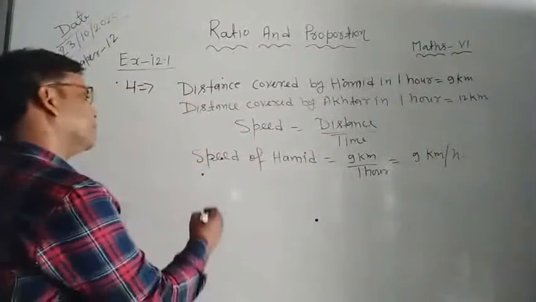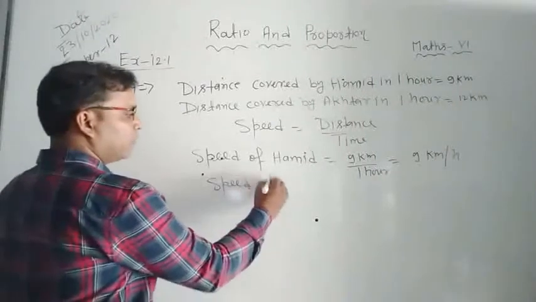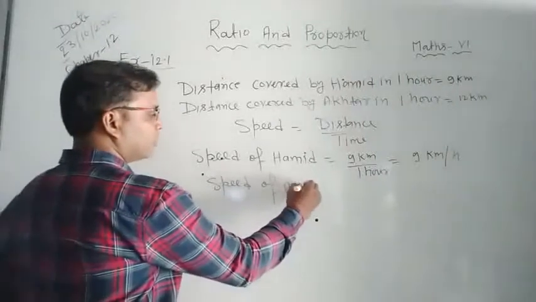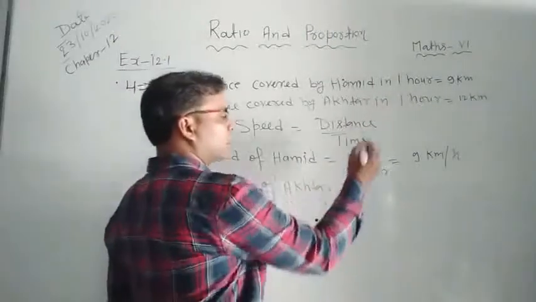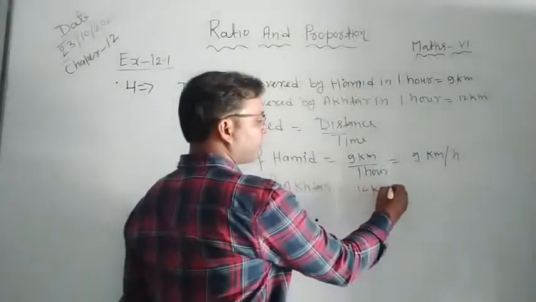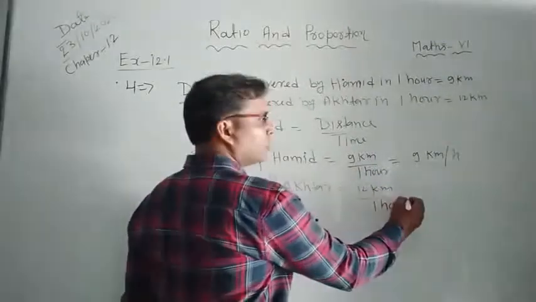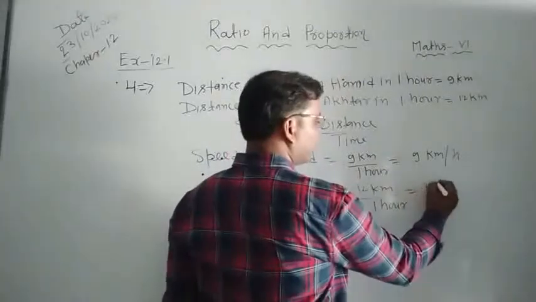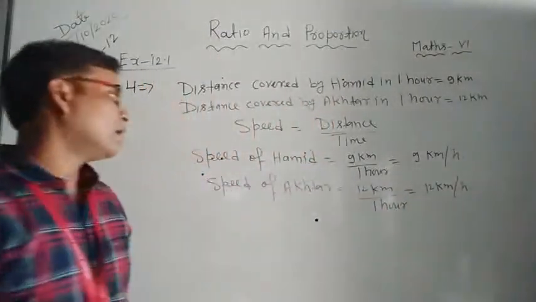Now speed of Akhtar. Akhtar covered 12 km distance, taken time 1 hour. So speed is equal to 12 km per hour. This is the speed of Akhtar.